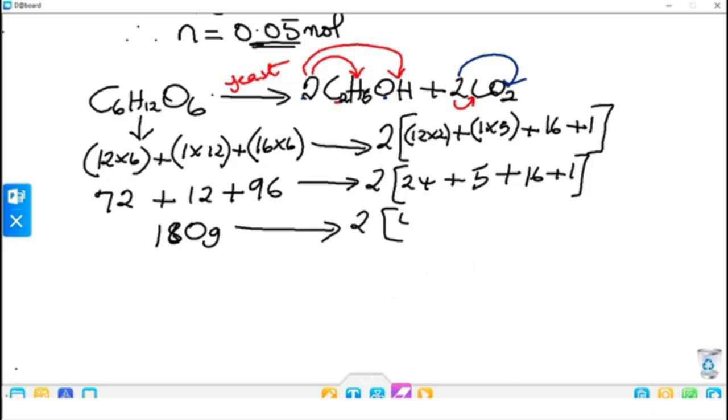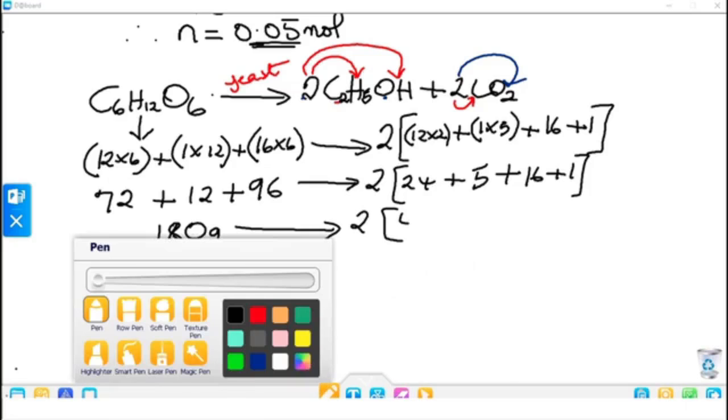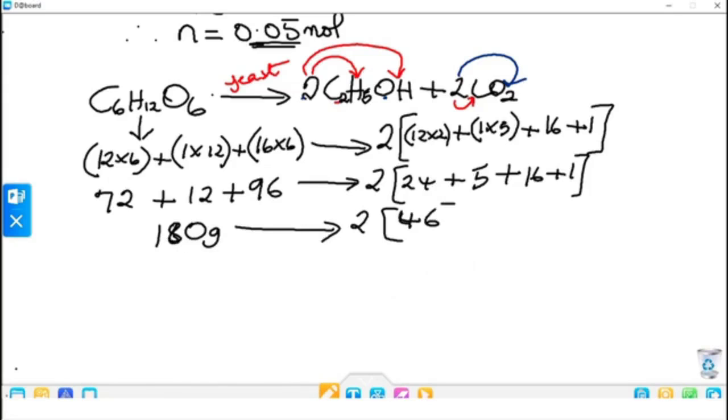So 46 times 2 gives us 92. So we have 180 grams of glucose giving us 92 grams of ethanol. So from the equation, 180 grams of glucose will give 92 grams of ethanol.